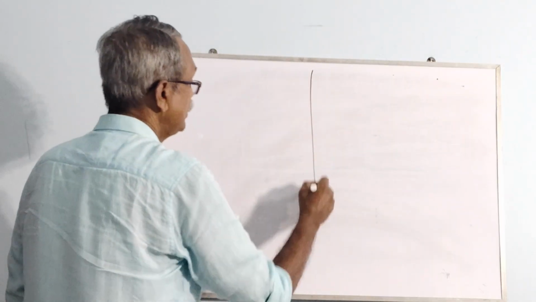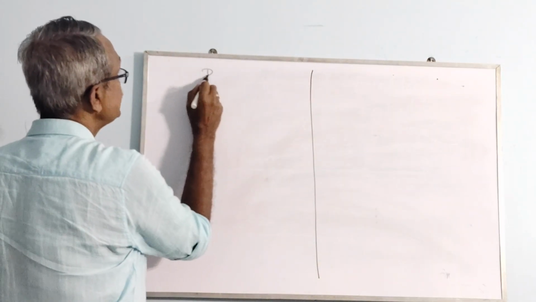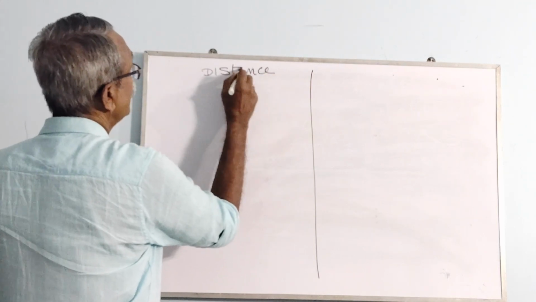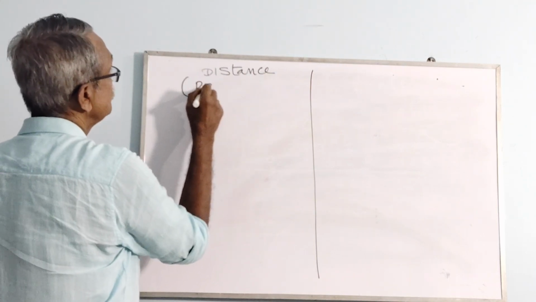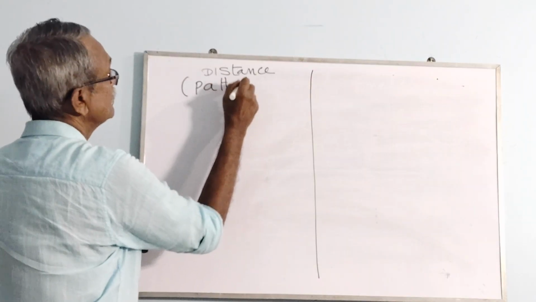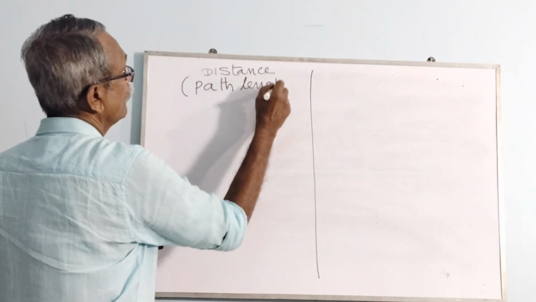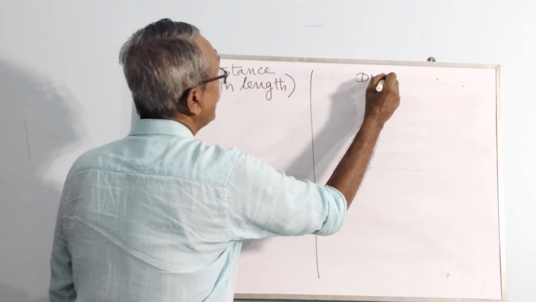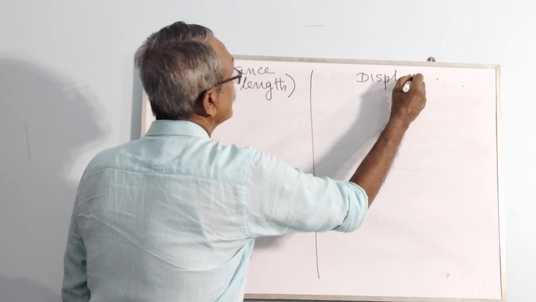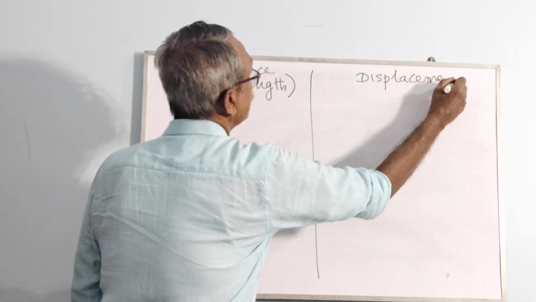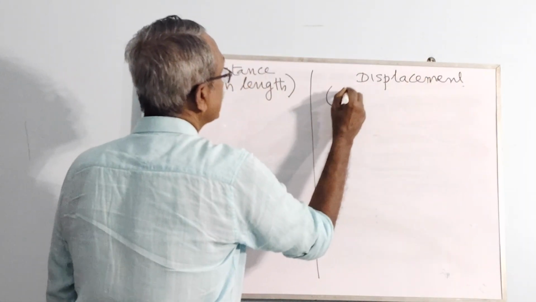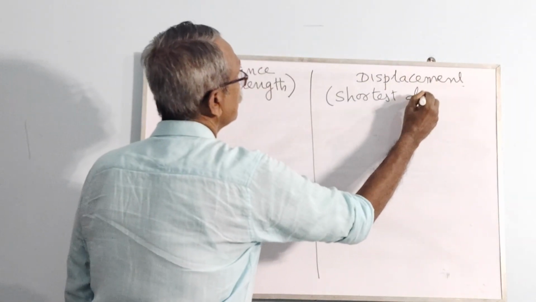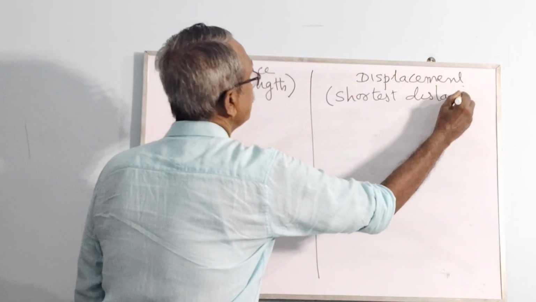On this side I have the distance, which is the path length. On this side I have displacement, which is the shortest distance.